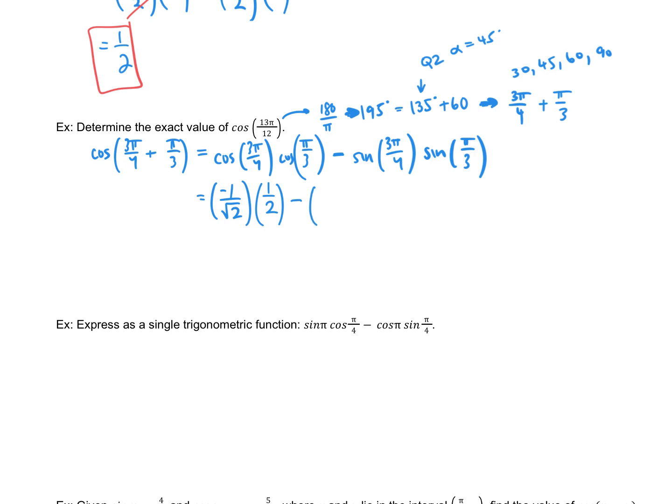Now we go to sine of 3 pi over 4. That's quadrant 2 where sine is positive. And we're using that isosceles special triangle again to get 1 over root 2 for opposite over hypotenuse. And for pi over 3, opposite is root 3, hypotenuse is 2. And now it's just a cleanup game. First, I will rationalize my denominators.